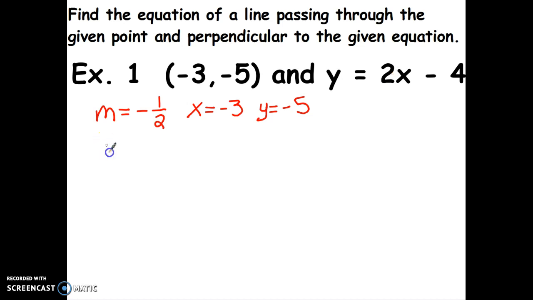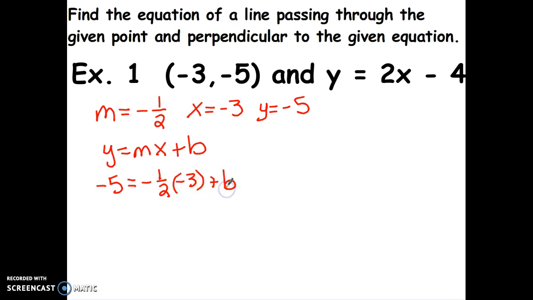So now we just need to plug it into y equals mx plus b. So y is negative 5, m is negative 1/2, and x is negative 3, plus b. Now we need to multiply here. Again, you can put it into your calculator.